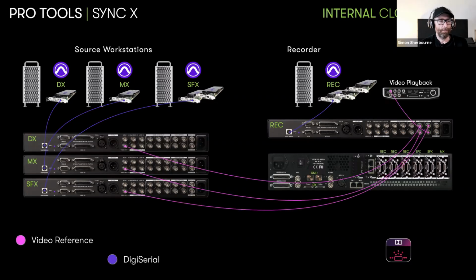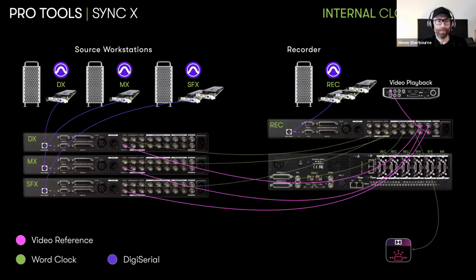In this case, this is just one example, but here we're using a recorder system to distribute clock through the system and video reference. They're just making sure that all of those systems are completely together and all agree on what the time is and how fast they're all going.